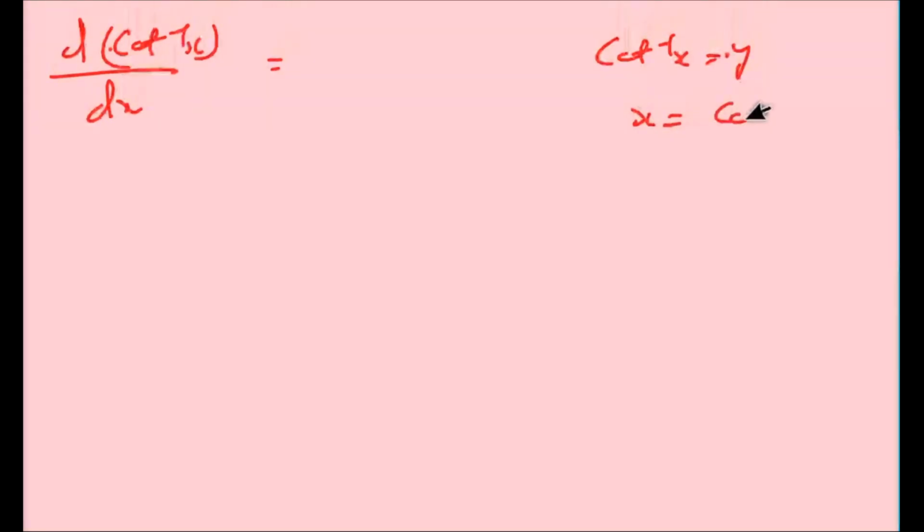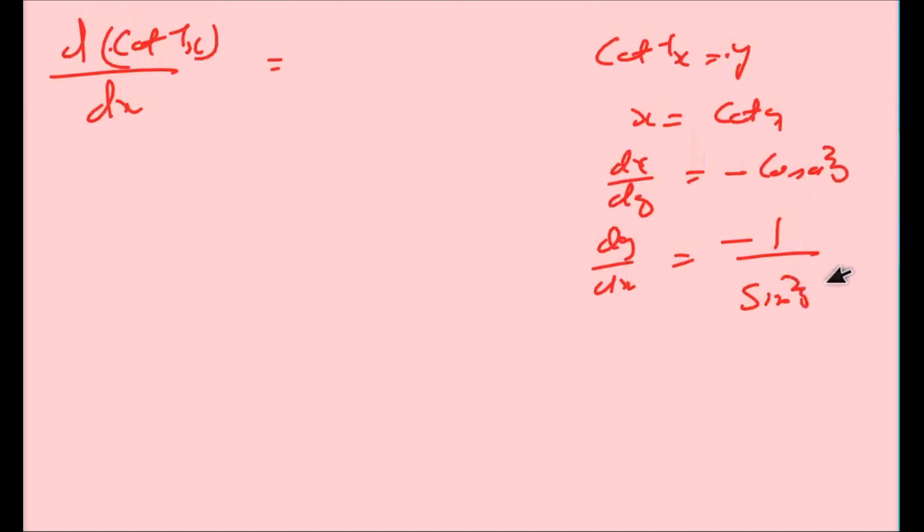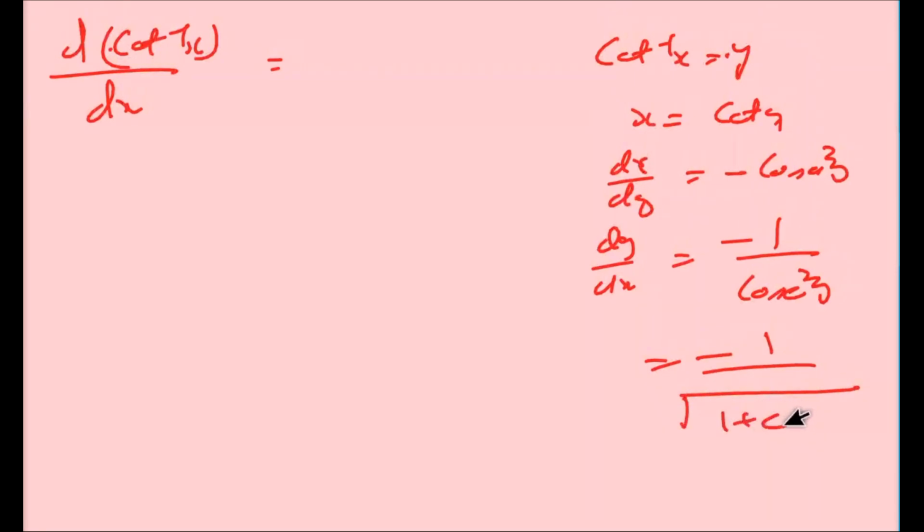Similarly, now we are getting the differential of cot inverse x. So let cot inverse x equal to y, x equal to cot y. Okay, so dx by dy equal to minus cosec square y, dy by dx equal to minus 1 upon cosec square y, equal to minus 1 upon 1 plus cot square y.